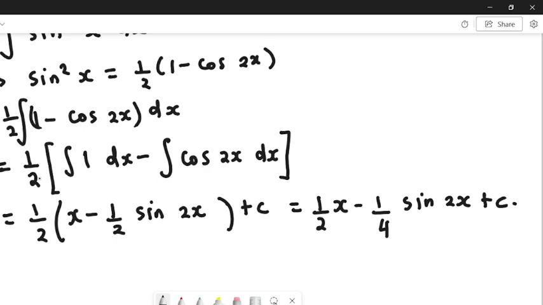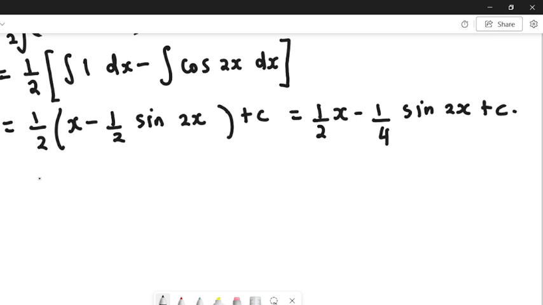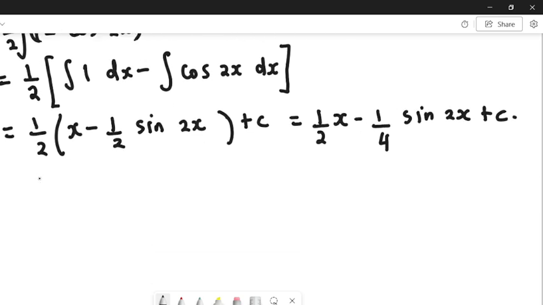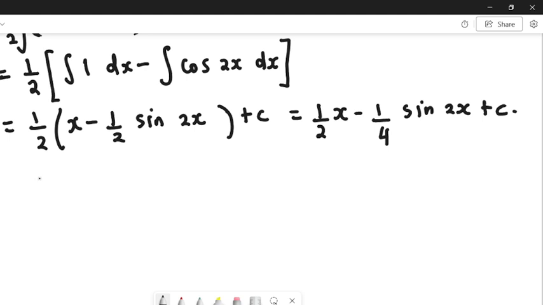So the same thing applies for the squared of cos and the squared of tan. So we'll just handle both so that you can see what we mean. So on our example 4, integrate cos squared x dx.